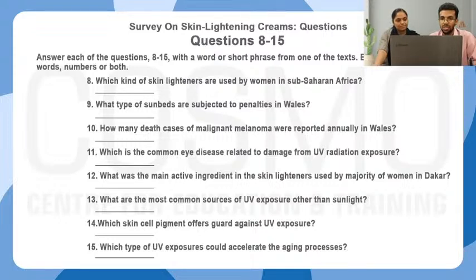Question number 8. Which kind of skin lighteners are used by women in sub-Saharan Africa? Okay, so what are the keywords in this question? Well, there's the obvious skin lightness, but other than that, what are the keywords for question number 8?